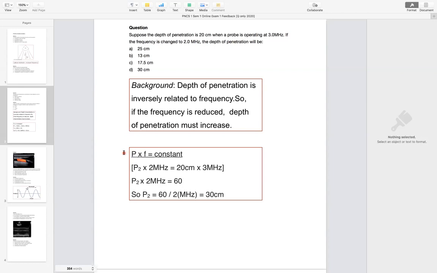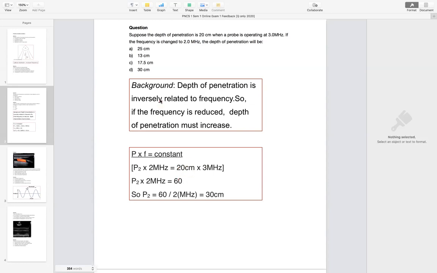And then something else from Rob's lecture, you know that penetration and frequency, when multiplied together, are a constant. And based on that fact, if we use some of the information we're given in the question and make them part of this equation, we appreciate that if we're imaging at 3 megahertz and the depth of penetration, which is given in the question, is 20, we know that 3 times 20 equals 60.